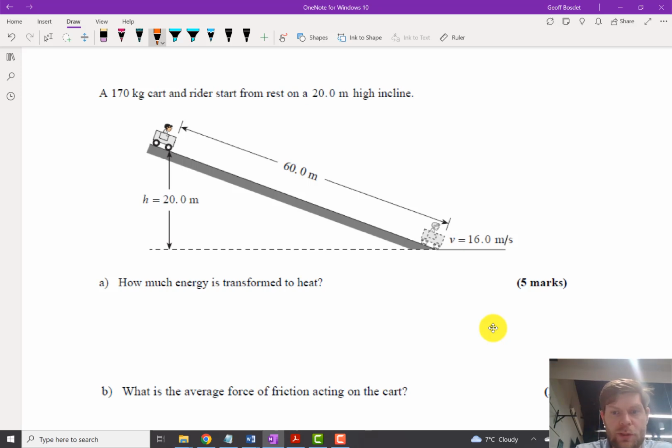Before, it looks like we just got potential. Afterwards, it looks like we got kinetic and thermal. So just before equals after. So we got EP equals EK plus E thermal.